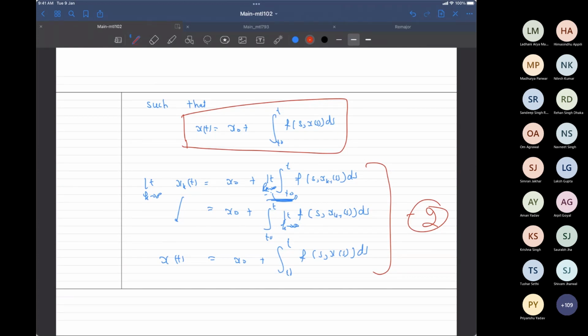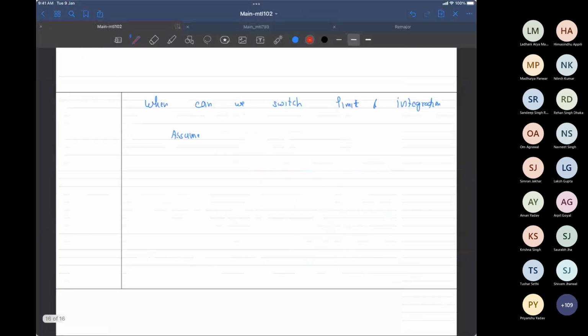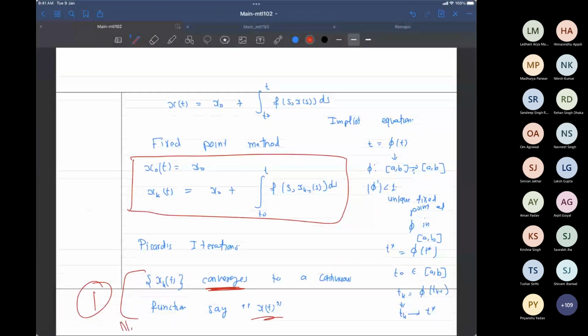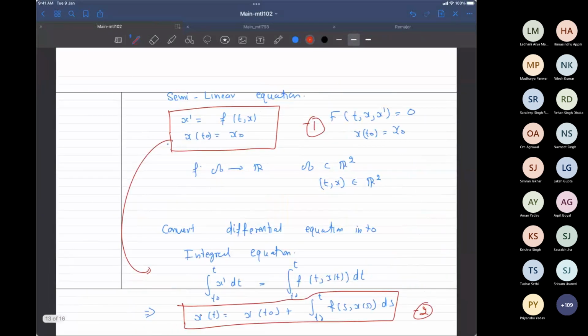We cannot do it for just any functions, and I will explain exactly what condition we need for that. Please understand the mathematical difficulty here: this is not trivial. These are the two critical parts involved to find the solution of this ODE, which we converted into an integral equation.